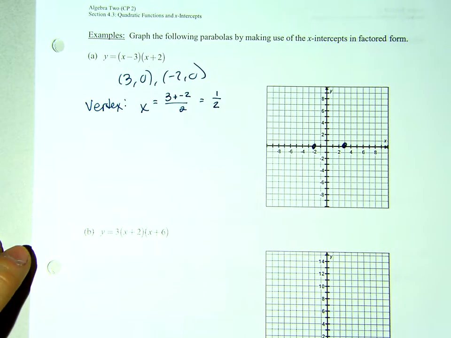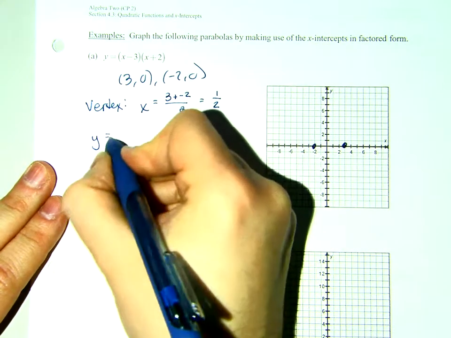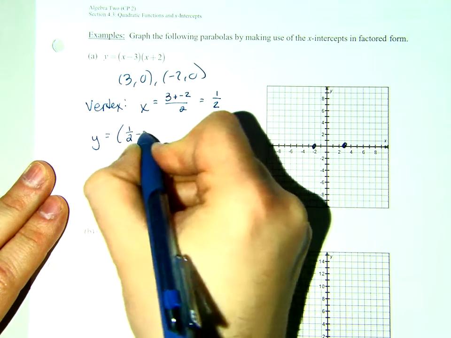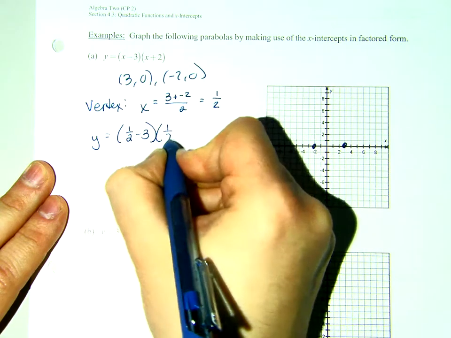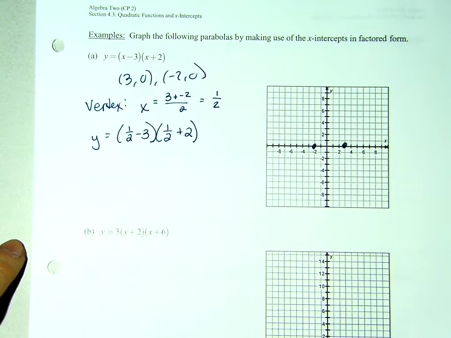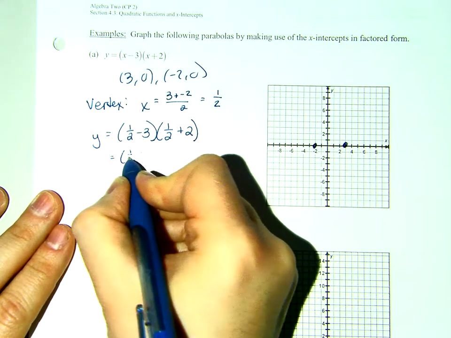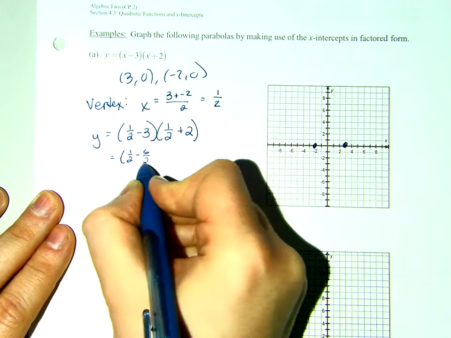I want to do the y with you. I feel like it's actually not going to be as horrible as you think. Y coordinate. A half minus 3 times a half plus 2. I'm still not going to FOIL. I'm going to use order of operations. I'm going to simplify both sets of parentheses. I want a common denominator here. Well, this is like saying a half minus 6 halves.